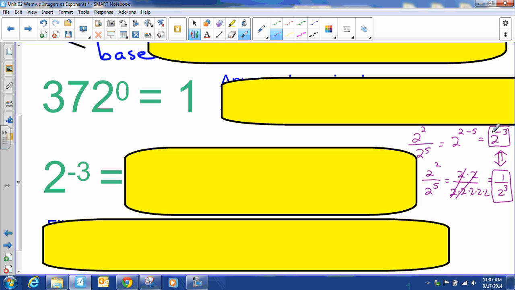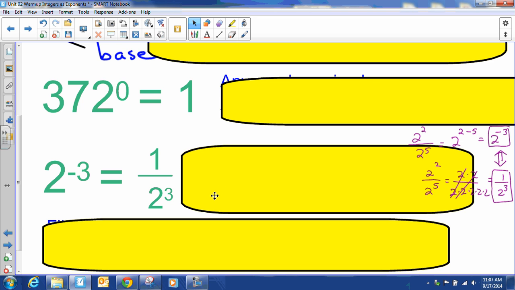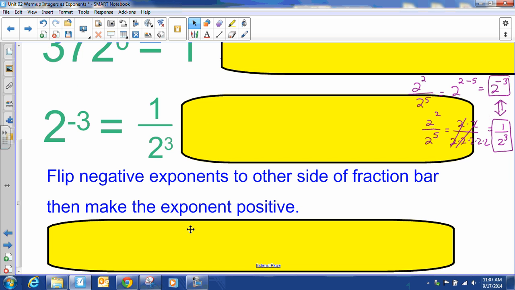In other words, 2 to the negative 3rd power is simply the reciprocal of the same exponent but negated power. So 2 to the negative 3rd power is 1 over 2 to the 3rd power. Flip the negative exponents to the other side of the fraction bar, then make the exponent positive.